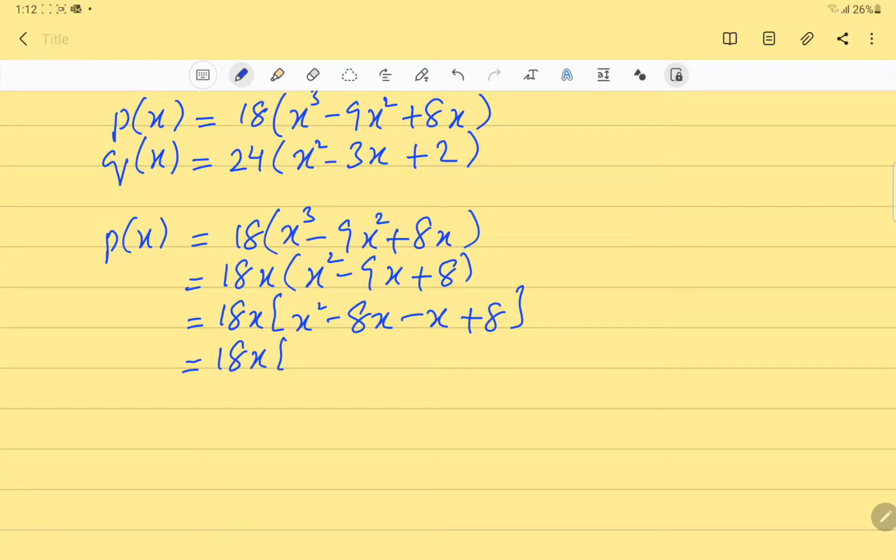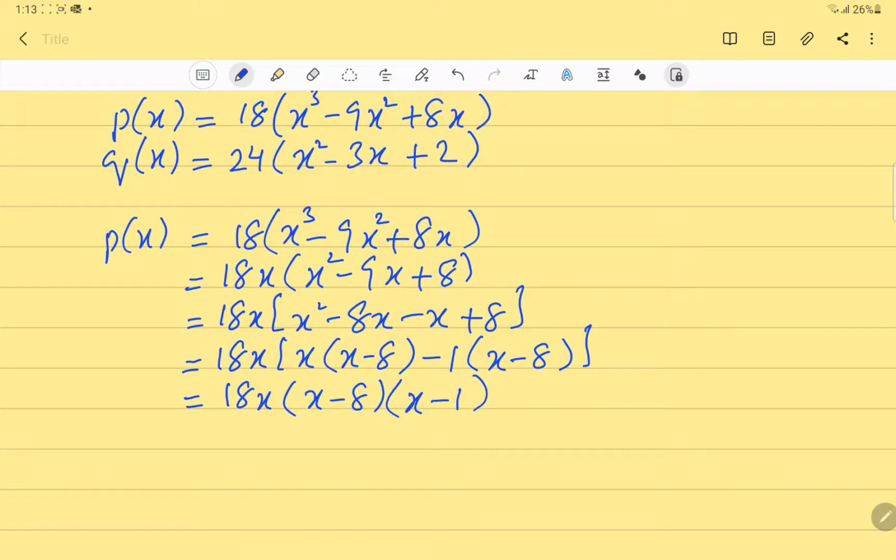Now we have x common in the first two terms and we have minus 1 common in the second two terms. x minus 8 into x minus 1. Also we will make factors of 18.